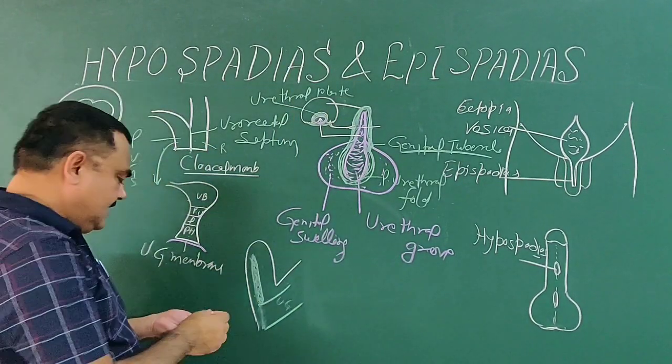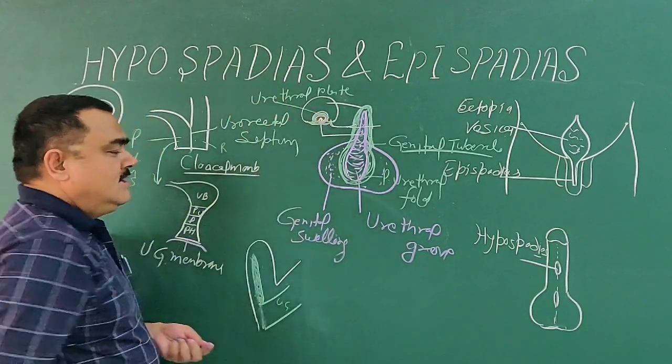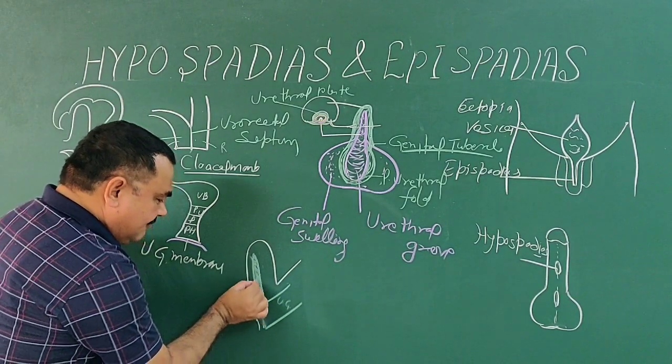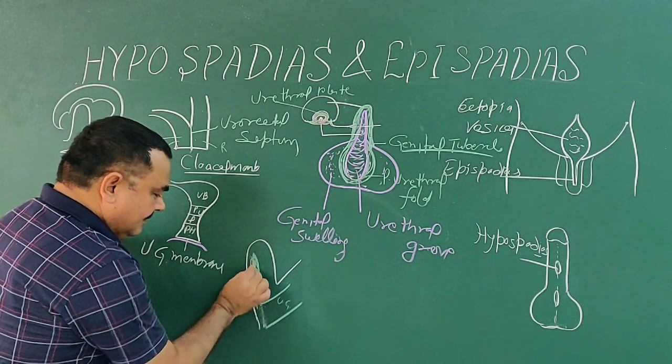So this penile urethra is formed, which is lined by endoderm.